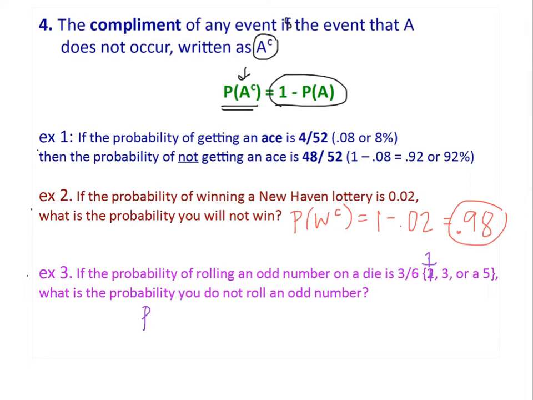So I would write that the probability of the complement of an odd, or odd complement, would be 1 minus 3 over 6, which actually would give me 3 over 6, or 50%, because if we think about the options that are not odd, that would be a 2, 4, or a 6. So sometimes the complements are going to be the same likelihood as the event itself, but to find the complement, we just do 1 minus the probability of the event.